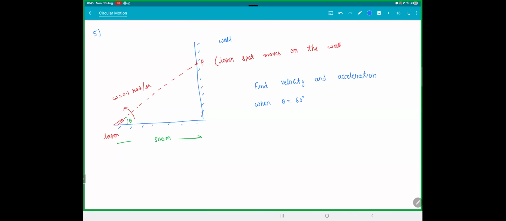Okay, I'll give another 45 seconds to a minute, then I'll give the acceleration. Everyone should try.